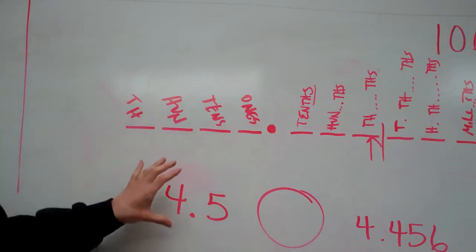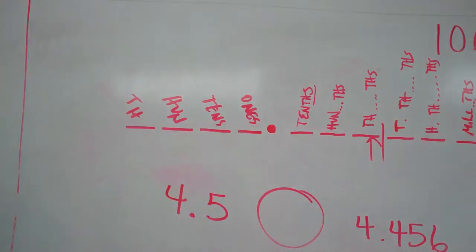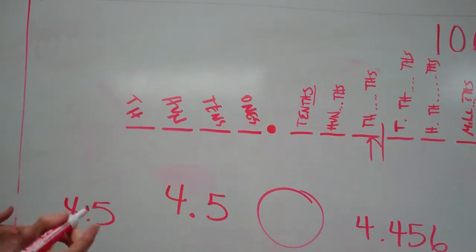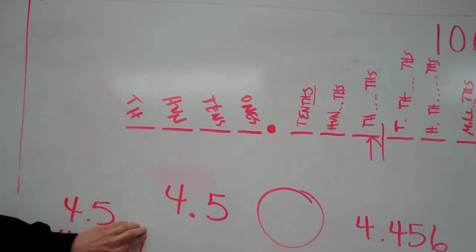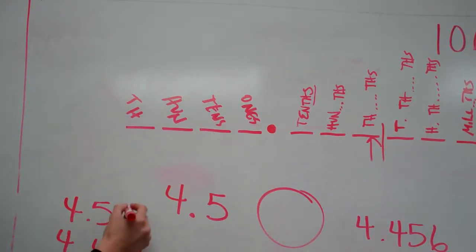Who remembers how I told you to set these up to determine which one's bigger? Line up the decimals. Yes. So I'm going to take 4.5, or 4 and 5 tenths, and 4 and 456 thousandths. What should I put here? 2 zeros. Excellent job.